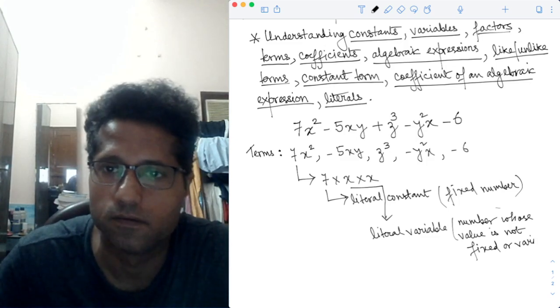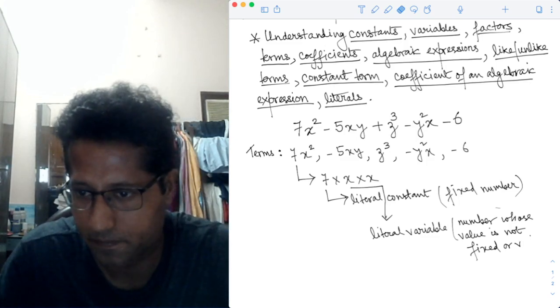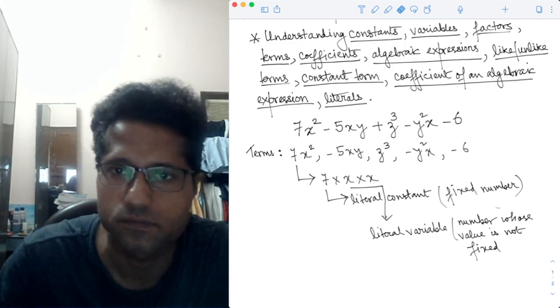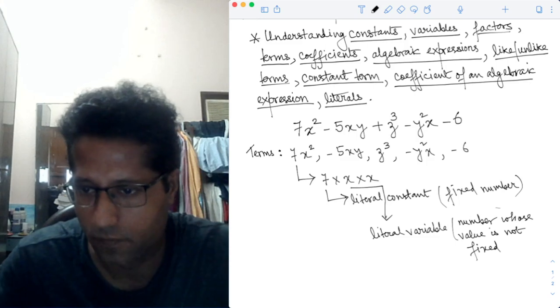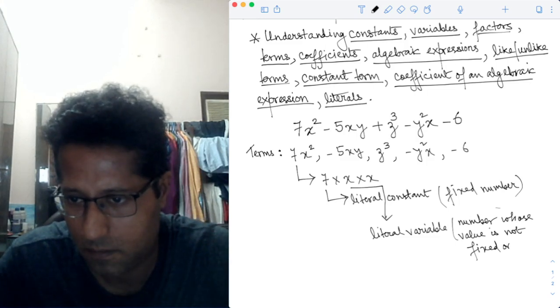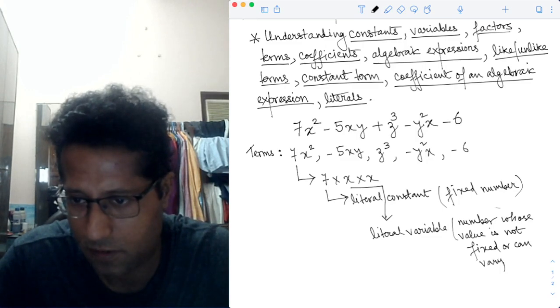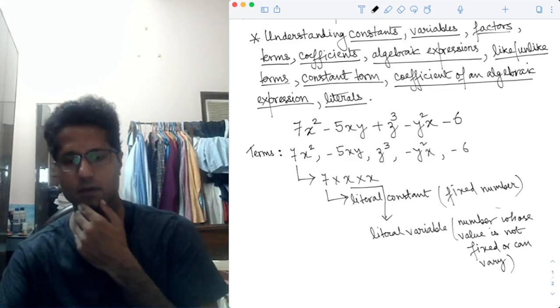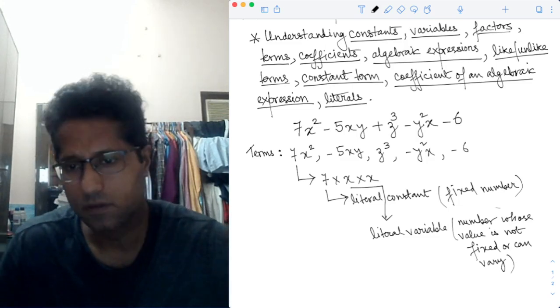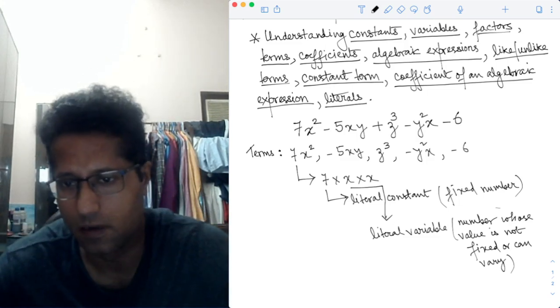Is not fixed, or can vary. That is a literal variable. Both 7 and x are literals.